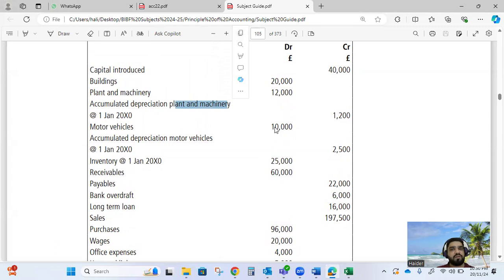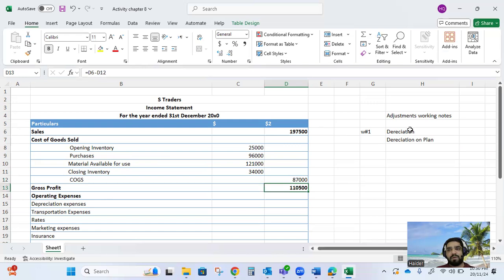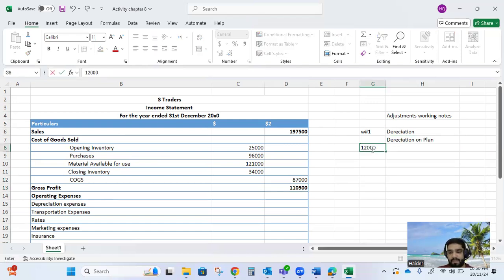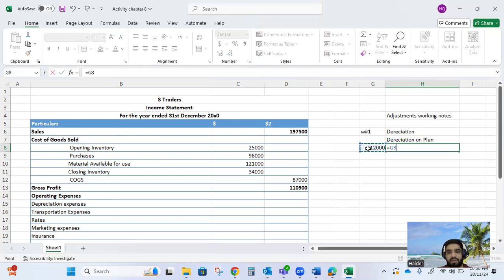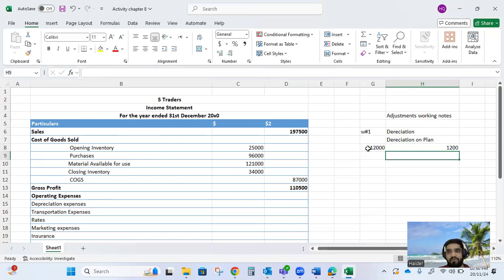Because its original cost is 12,000, we will deal with 12,000 times 10%. So 1,200 is the depreciation for plant.